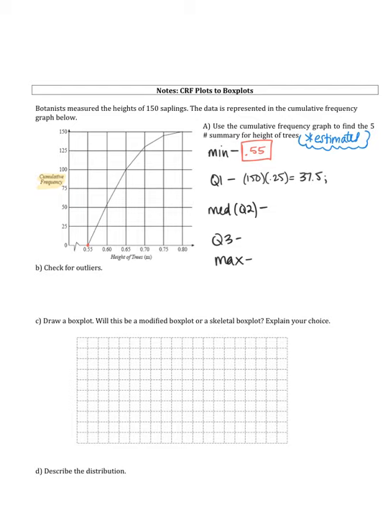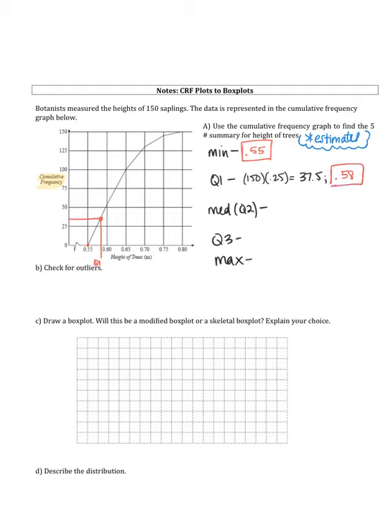I'm going to say it's probably somewhere here. I'm going to hit this graph and come down, and this is my Q1 value. I'm going to estimate that to be around 0.58. It's just an estimate.